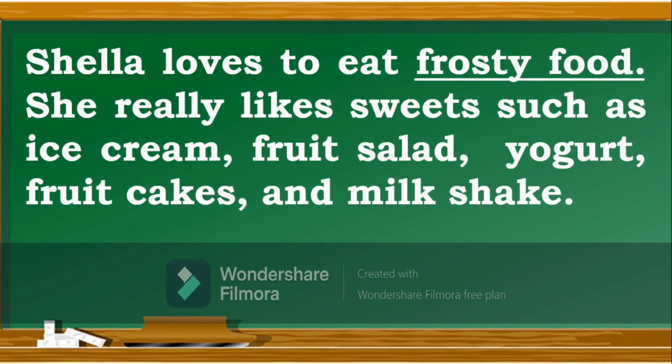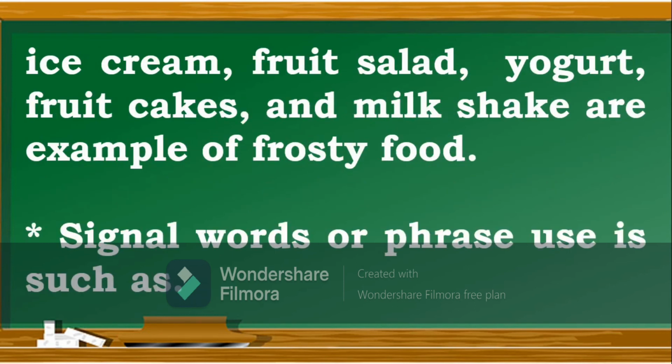Definitely you have an idea now. Let's reveal the answer. Ice cream, fruit salad, yogurt, fruit cakes, and milkshakes are examples of frosty food. What is the signal phrase used? You have the phrase such as.